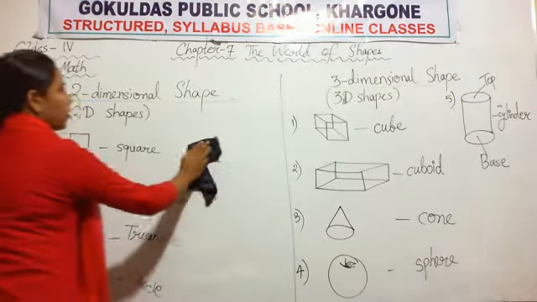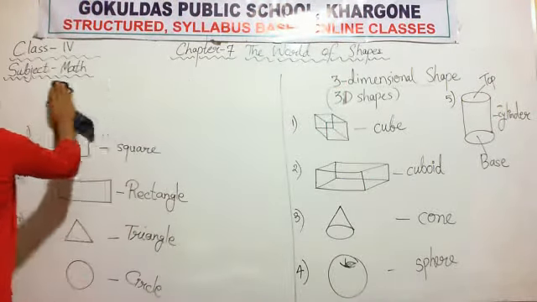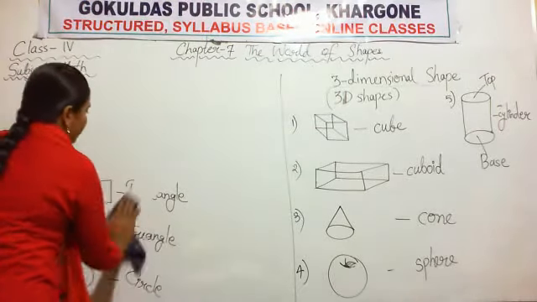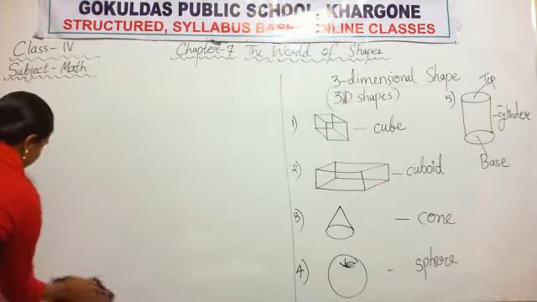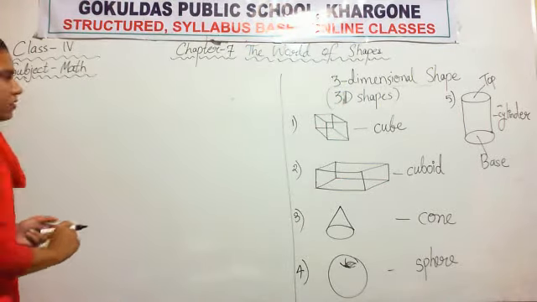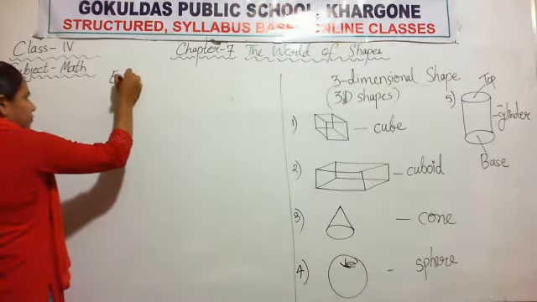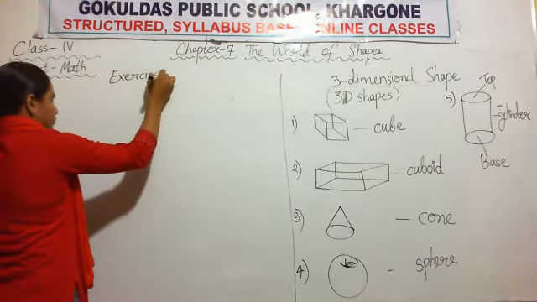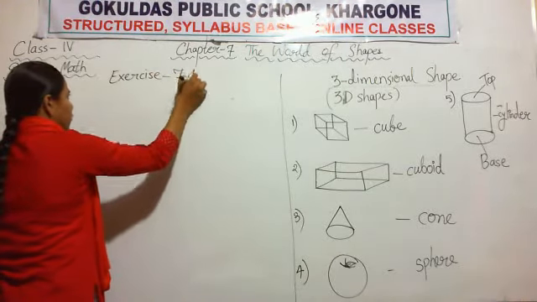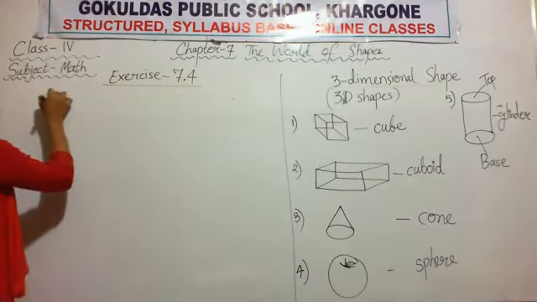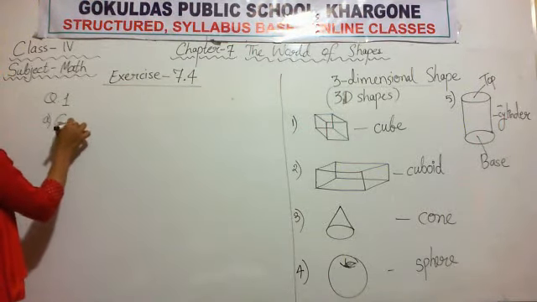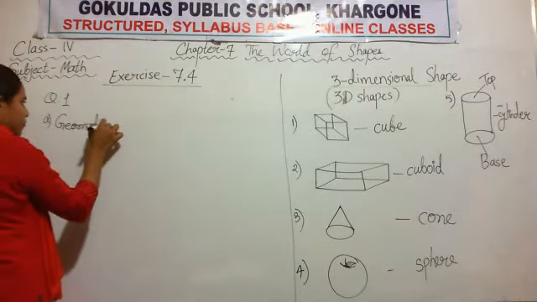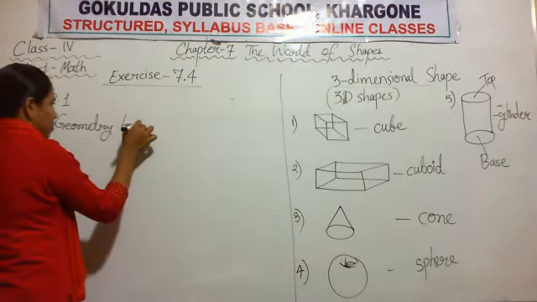As we are talking about 3D shapes only. So let me rub these now. We are discussing exercise 7.4, question number 1. A, geometry box.